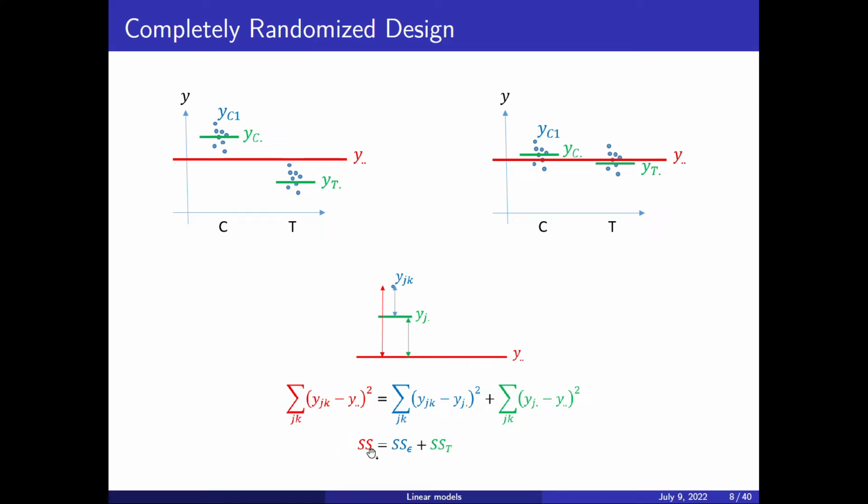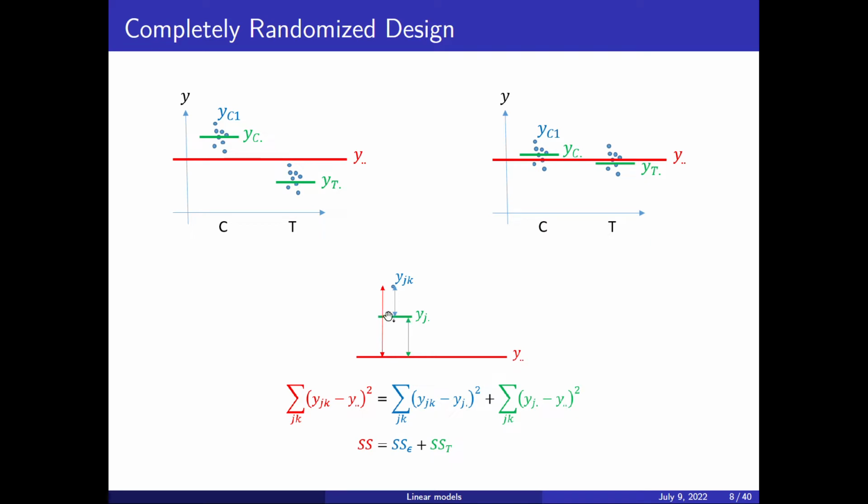So this is called the sum of squares. This sum of squares is the distance between everyone and the overall mean, taking into account both control and treatment groups. We can decompose this sum of squares into two components. One is related to the distance between each one of the individuals and the mean of its group.